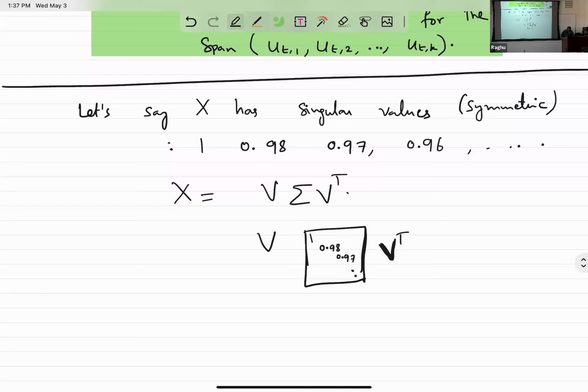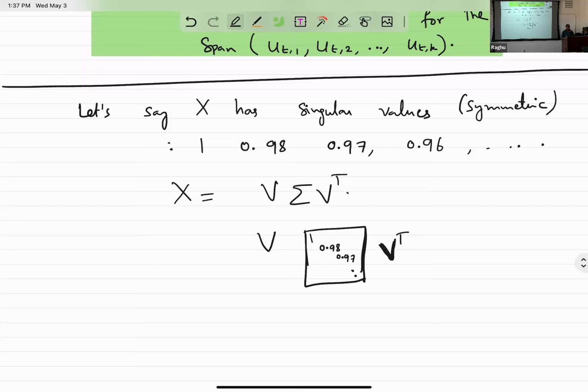Now, if I try to run power iteration on this to compute the first singular vector, you're going to have very slow convergence, right? Because the gap is very small. It's like 0.02, so you have to run like 1 over 0.02 iterations to get something.